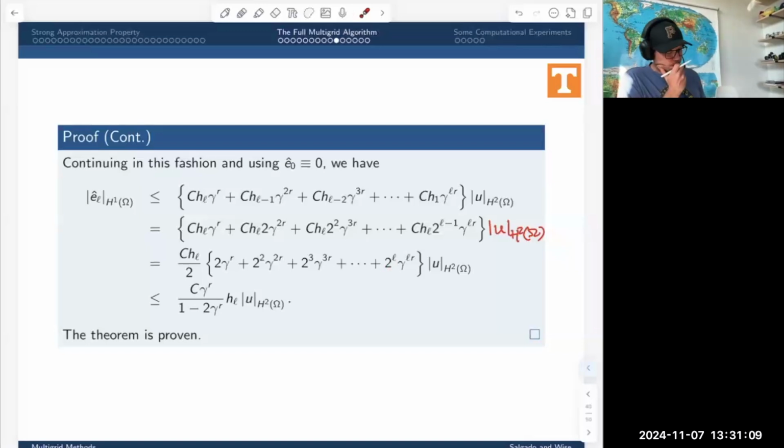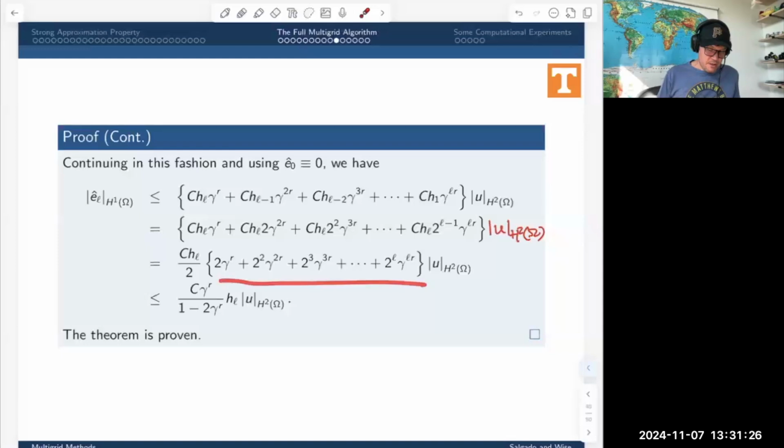Now, let me see. Is that exactly what I did, or did I use the partial sum of the series? I can do either, I guess. I guess that's what I did do. I used the fact that this is only finite. But in that case, why didn't I use equality there?